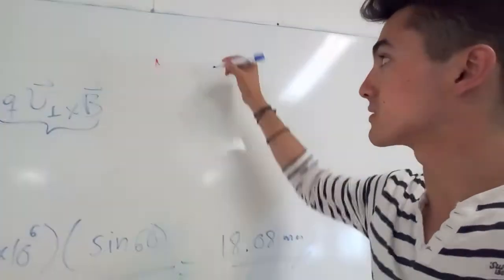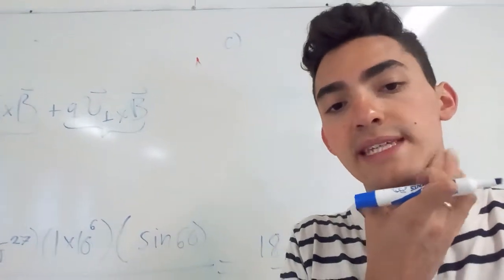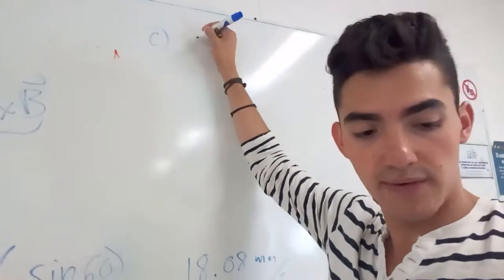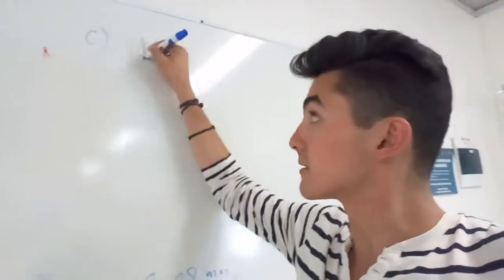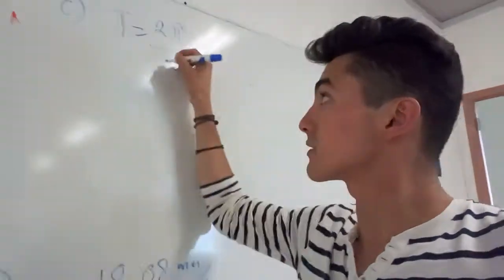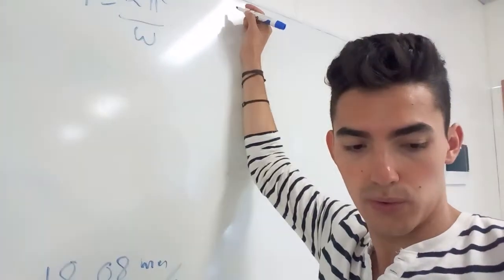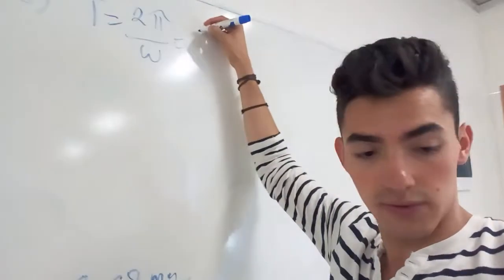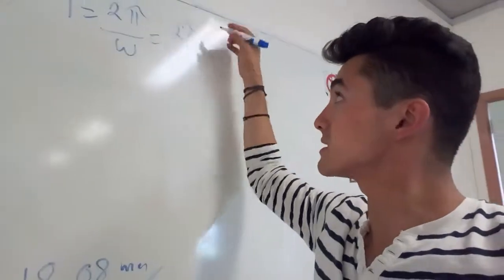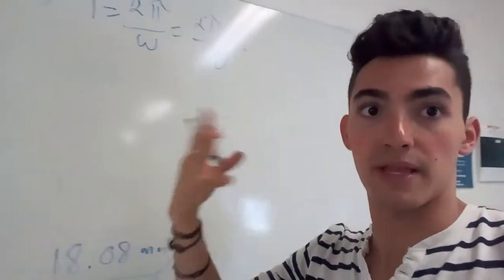For part C, we are asked to obtain the period T and the frequency of the motion. So we first obtain the period, which is 2 pi over the angular velocity, and the angular velocity is equal to the velocity over the radius.